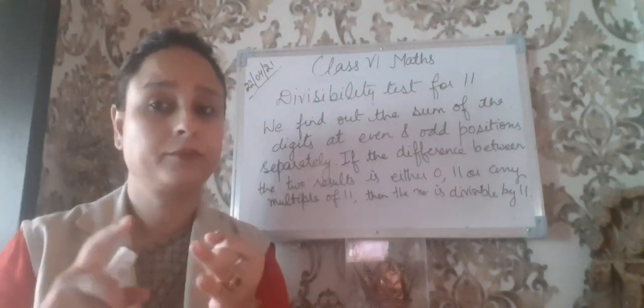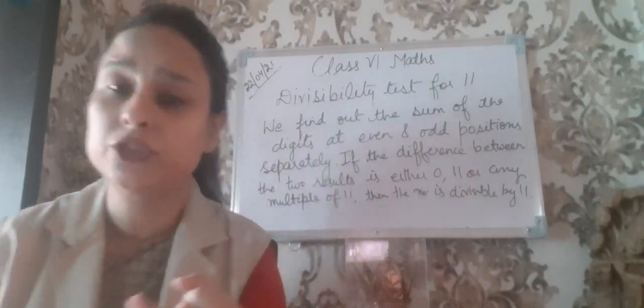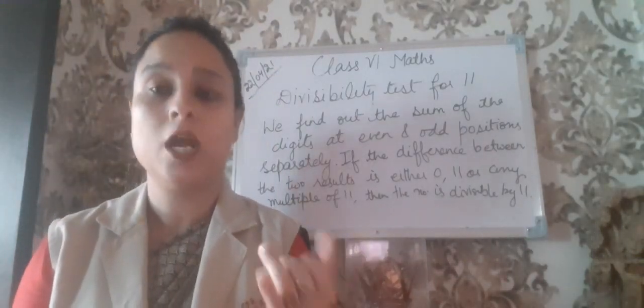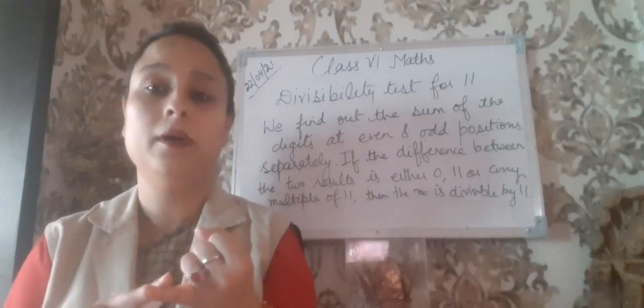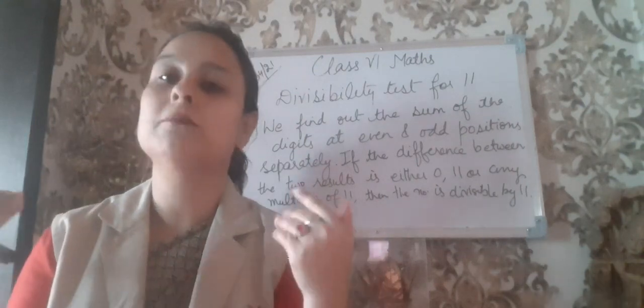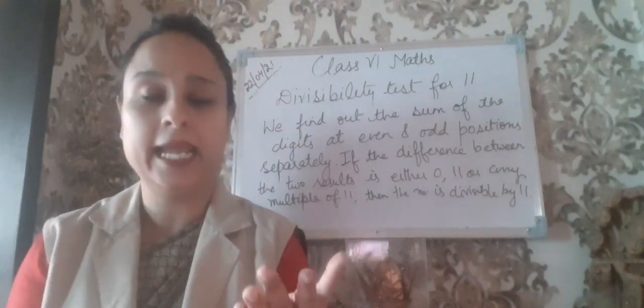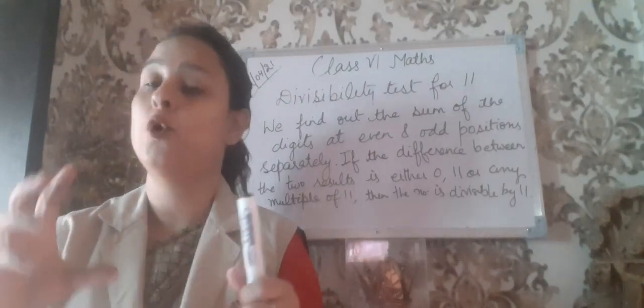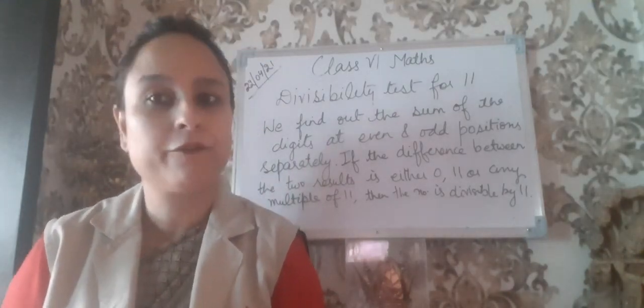Quickly I'll see the last 2 digits. If they are divisible by 4, that means the number is also divisible by 4. So if my given number is divisible by both 4 and 3, then automatically I can say that it is divisible by 12, since 4 and 3 are the factors for 12.